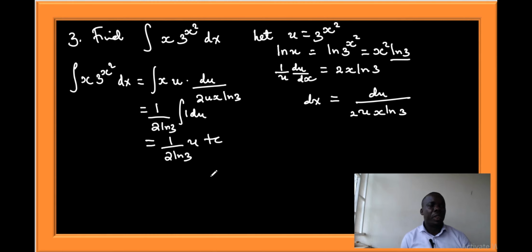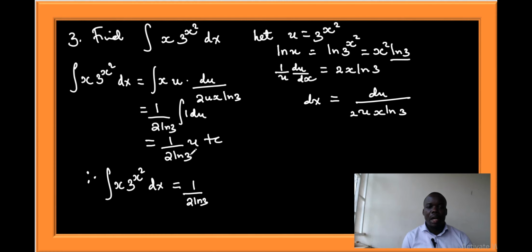But remember what u is? U was 3 power x squared. So we make a clear conclusion that the integral of x 3 power x squared with respect to x is equal to 1 over 2 ln 3. Now we have a u there, but our u is 3 power x squared.